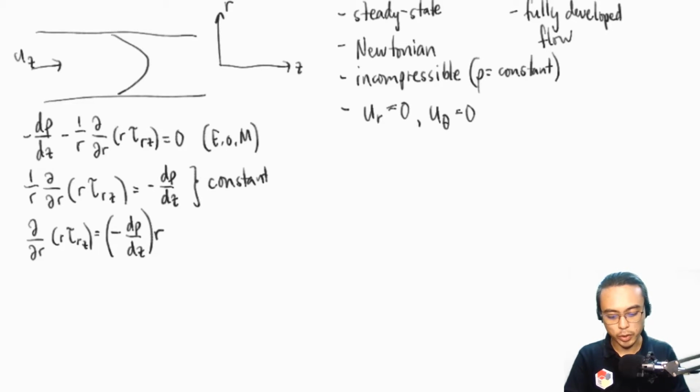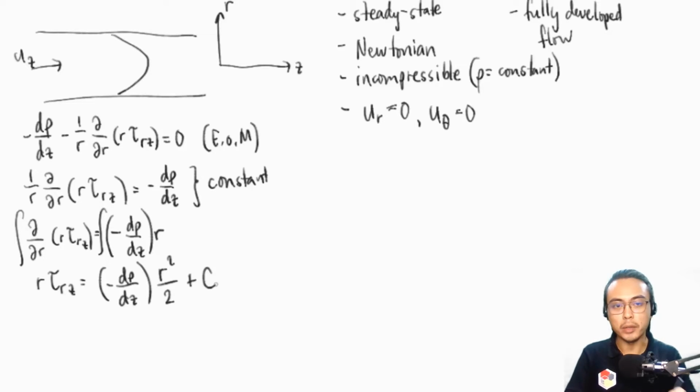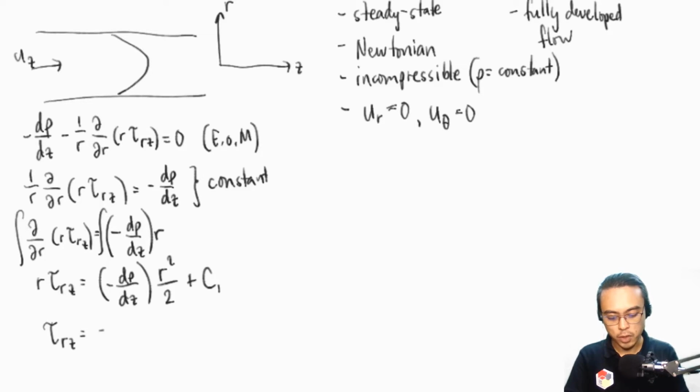So integrating with respect to r, we have r tau rz is equal to the constant negative dp over dz times r squared over 2 plus c1. This is our integration constant. And then dividing both sides by r, we now have tau rz is equal to negative dp over dz times r over 2 plus c1 over r.